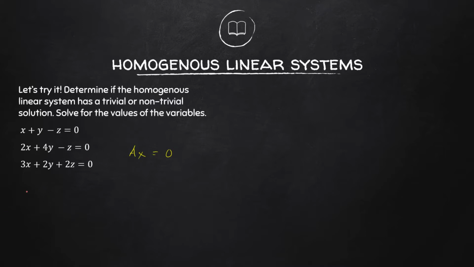So for A, we have our coefficients here: 1, 1, negative 1, 2, 4, negative 1, 3, 2, and positive 2. This is our coefficient matrix.